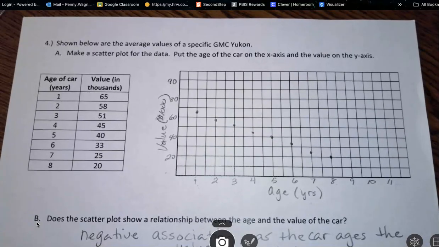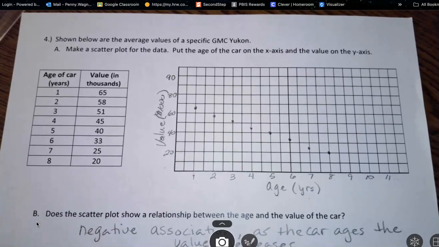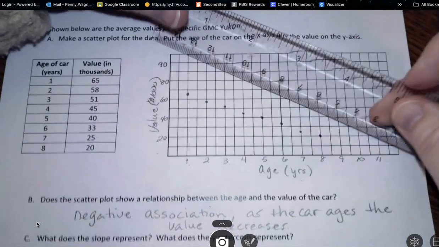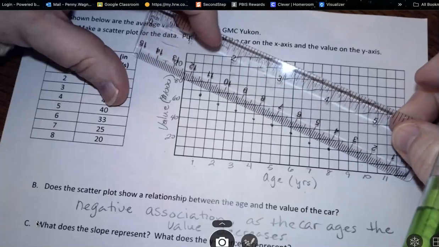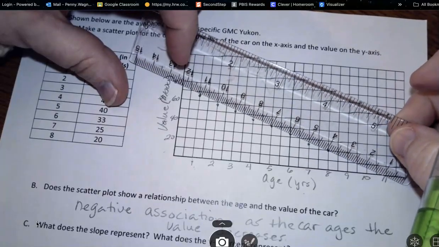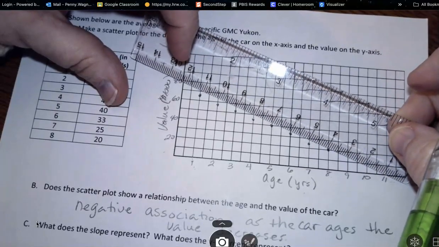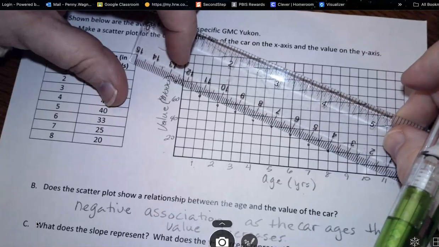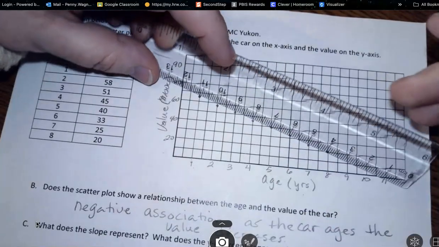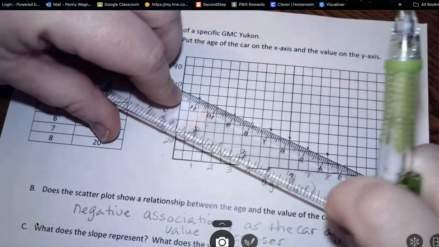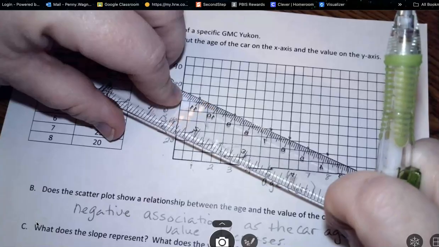Okay. Now, if I drew my line of best fit on here, I would try to center it as much as I can so that I have an even number of points on both sides of the line. So if I drew it here, I would have 1, 2, 3, 4 on this side, and I would have 3 on the other side.